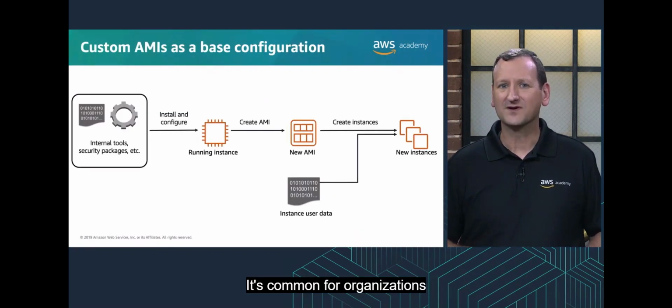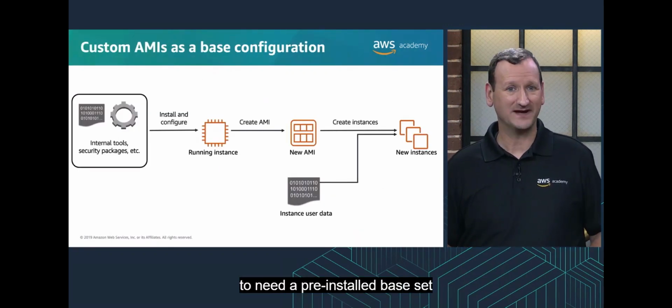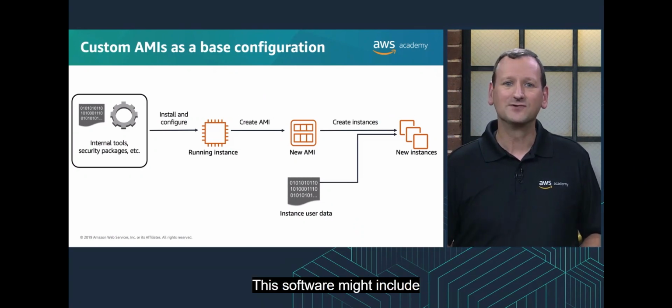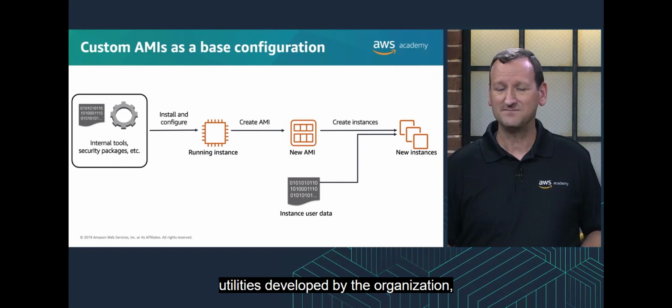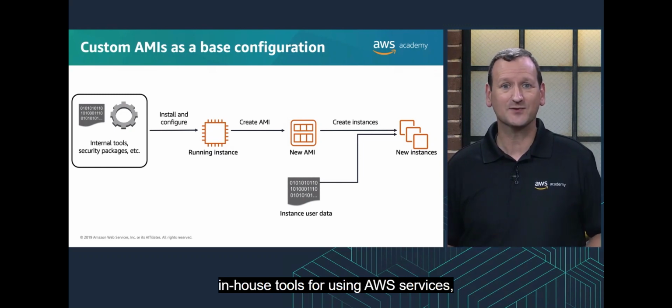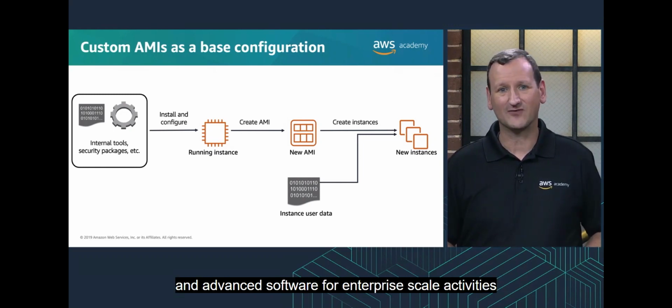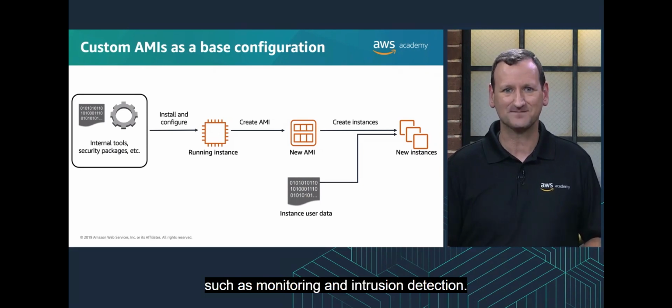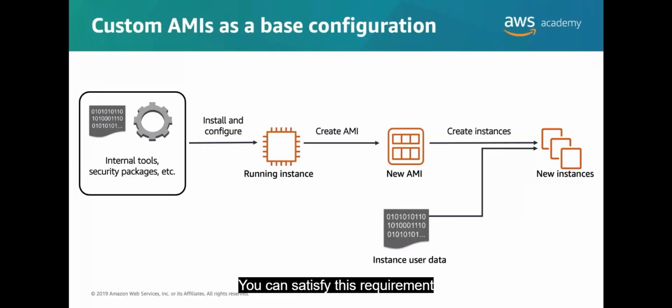It's common for organizations to need a pre-installed base set of software on all EC2 instances. This software might include utilities developed by the organization, in-house tools for using AWS services, and advanced software for enterprise-scale activities such as monitoring and intrusion detection. You can satisfy this requirement by creating a custom AMI as a base configuration.